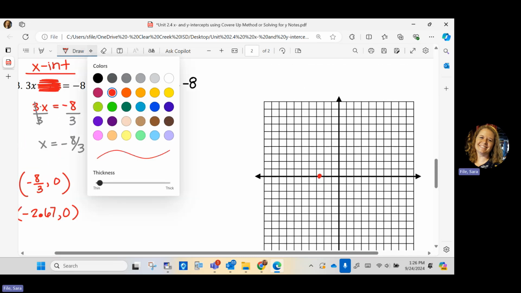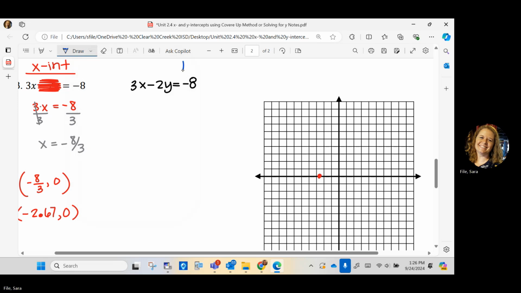And then for the y-intercept, I'm going to cover up the x term. Notice I did not cover up the minus. That sign is attached to the y term. So that is still -2y equals -8.